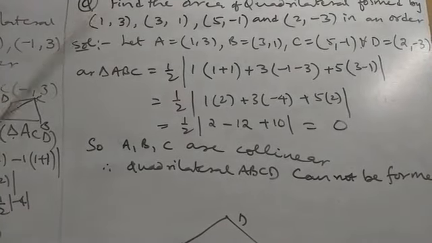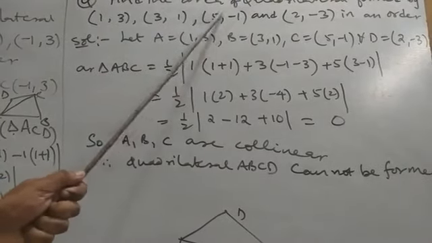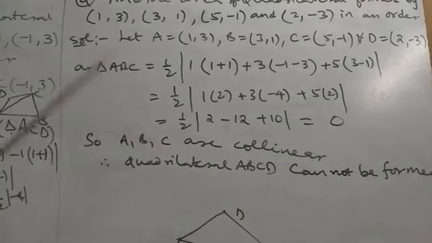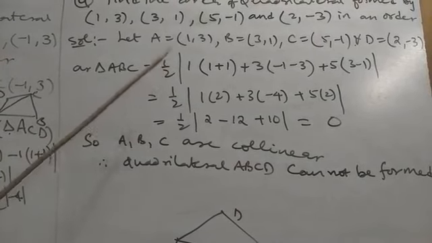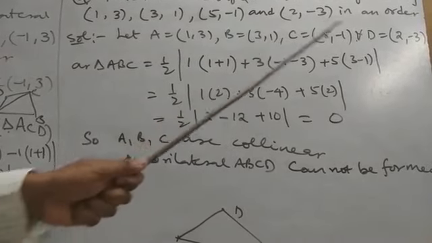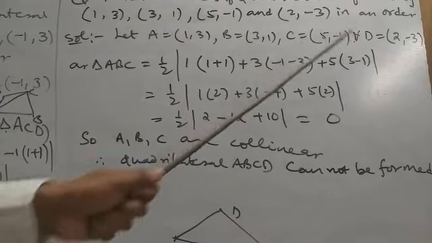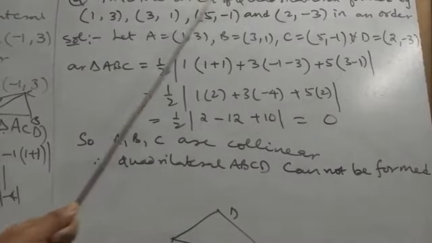Same as the earlier problem, consider A equal to (1, 3), B equal to (3, 1), C equal to (5, -1) and D equal to (2, -3). Let us observe the area of triangle ABC. That equals half of 1 of (1 - (-1)), therefore 1 plus 1, plus 3 of (-1 - 3) plus 5 of (3 - 1).